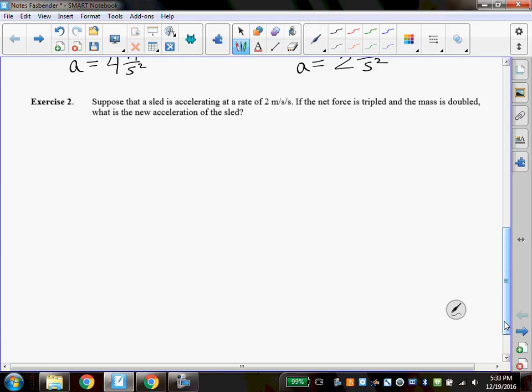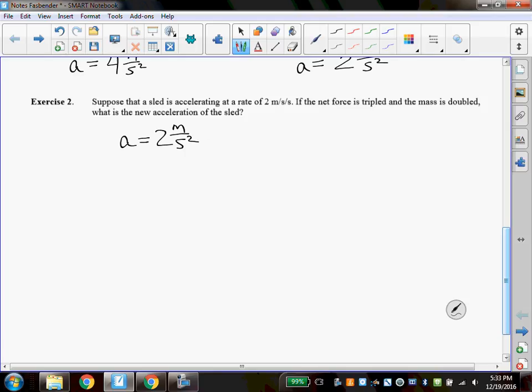Suppose that a sled is accelerating at a rate of 2 meters per second squared. If the net force is tripled and the mass is doubled, what is the new acceleration of the sled? Now this one's a little bit hard because they don't give us very many numbers. We just know that acceleration is 2 meters per second squared.